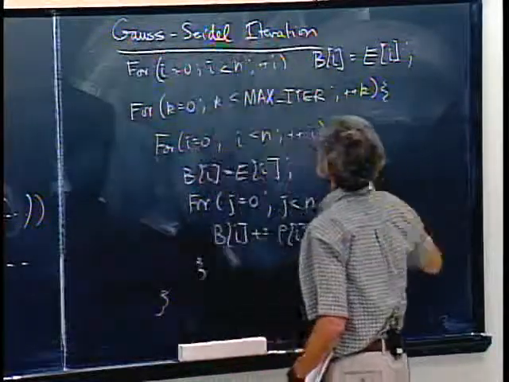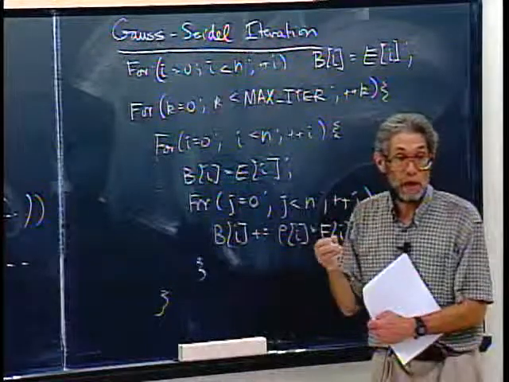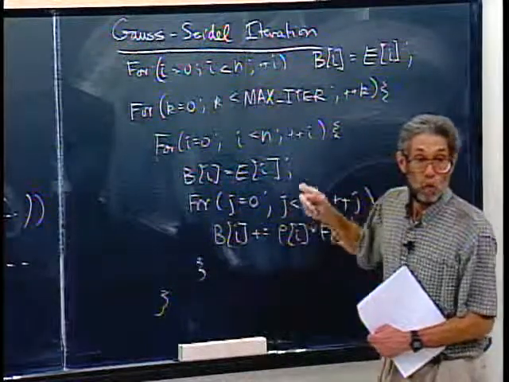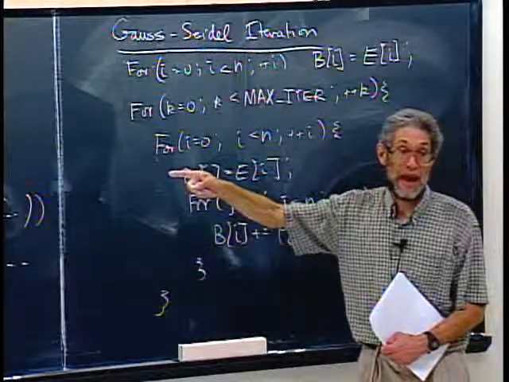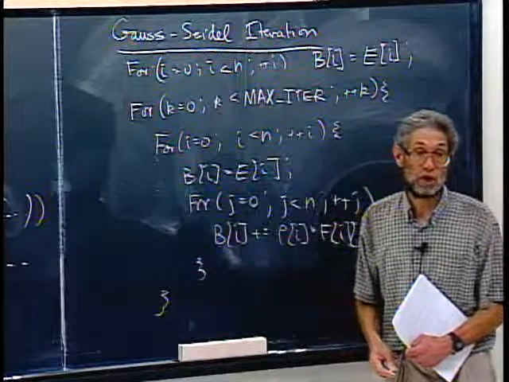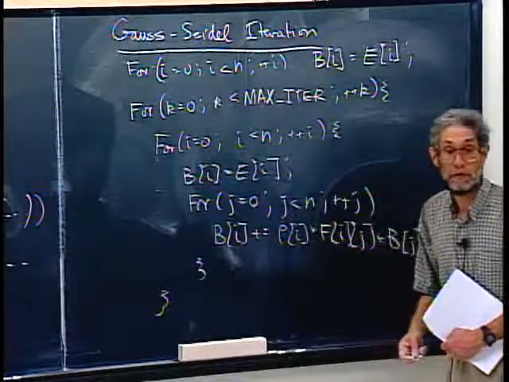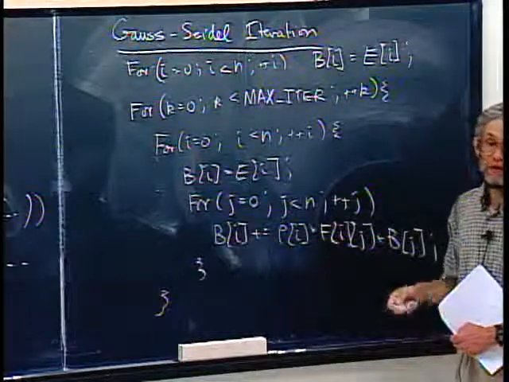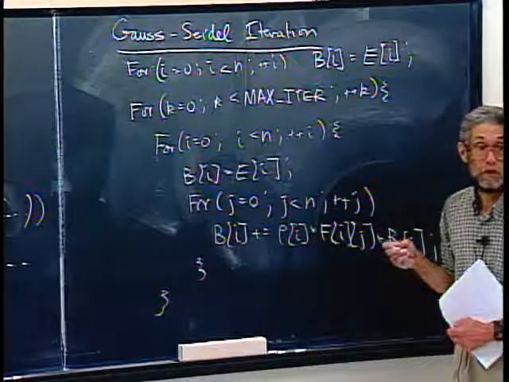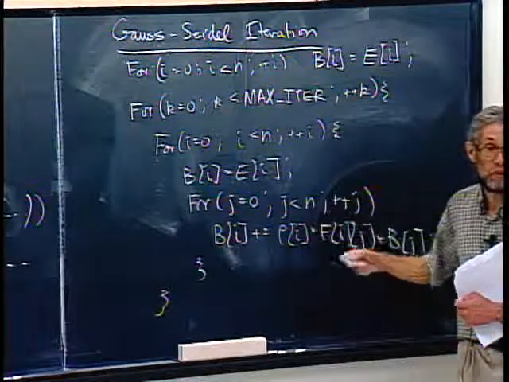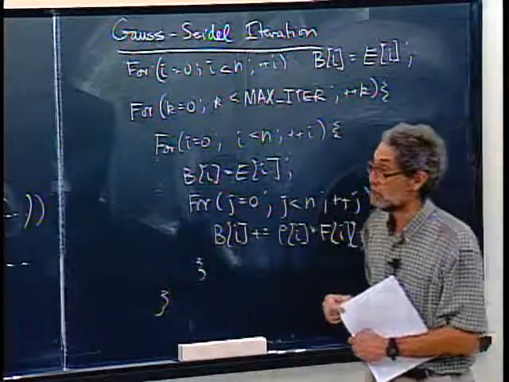Because on average, half of your values that you're using have already been updated, one iteration of Gauss-Seidel is basically worth 1.5 iterations of the Jacobi. And so this is the one that's more commonly used. But basically the argument that it's going to converge still applies. You look at the residuals and they're even better in this one. The residual means how far the error is from the true consistent answer.